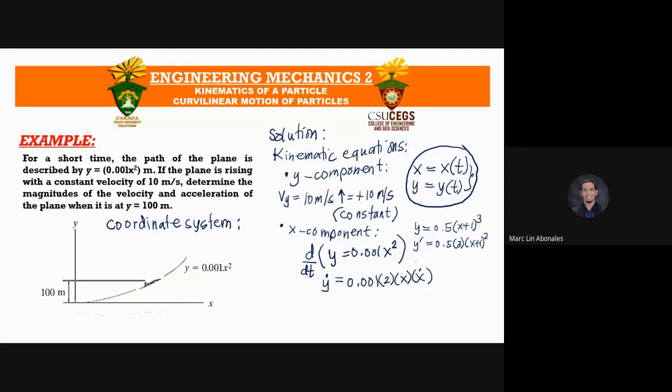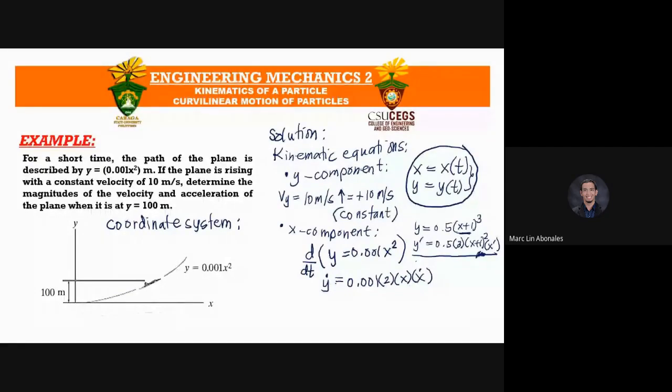Then the derivative of the inside, that would be x prime plus 0, because 1 is a constant. So that is the application of the chain rule. It is the same as what we did here.